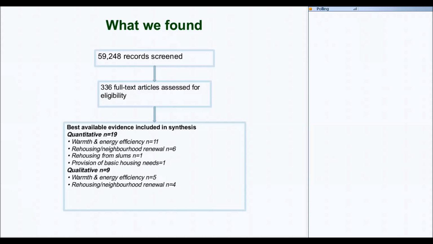I'm only going to talk about the warmth and energy efficiency measures and the rehousing and neighbourhood renewal programmes today, because that's probably most relevant to this audience, I'm imagining. And also because there was such a small and quite poor quality body of evidence from the other categories, I'm not going to talk about it today. And then there were some qualitative studies that we tried to incorporate into the synthesis overall.